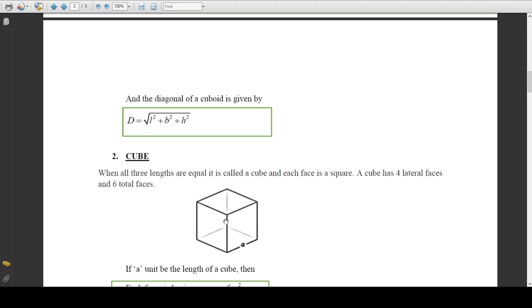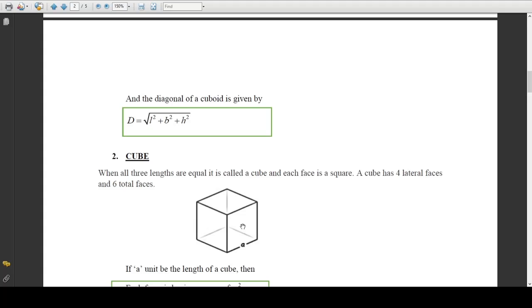The edge is the edge of the cube. If we denote this by A, this will also be A, this will be A, this also will be A. Area of this face will be A multiply A, A square. How many faces laterally?